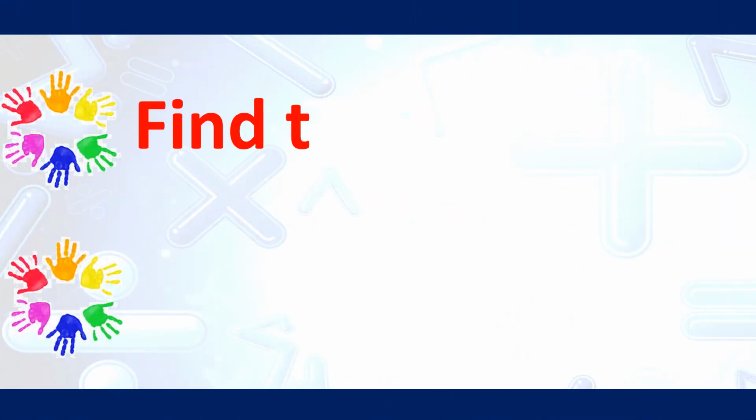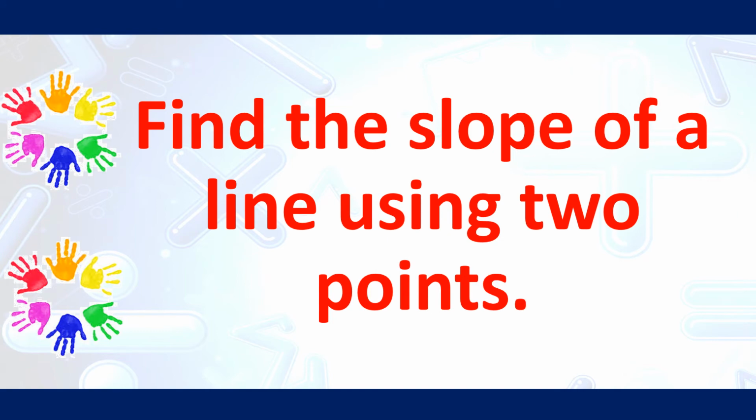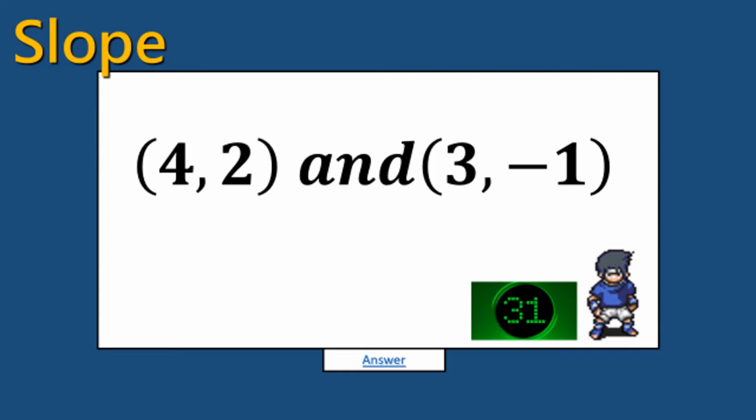This time, you are going to find the slope of a line using 2 points. Your given is (4, 2) and (3, negative 1).